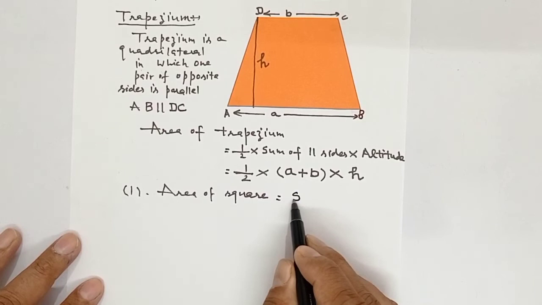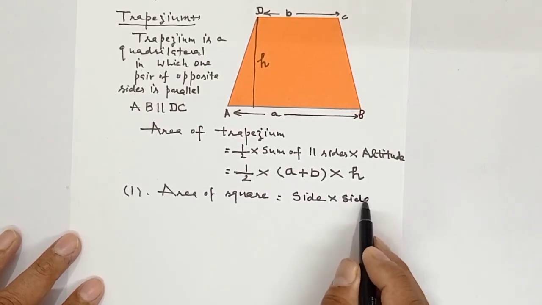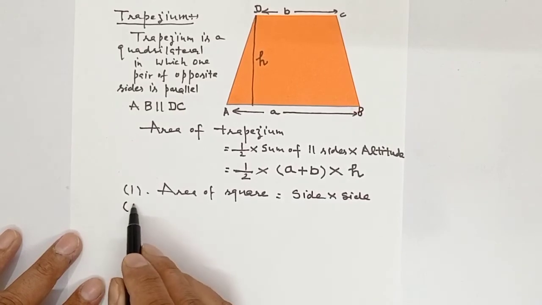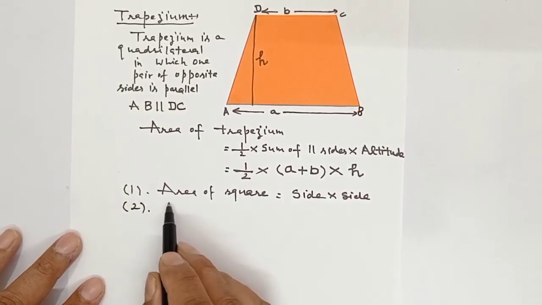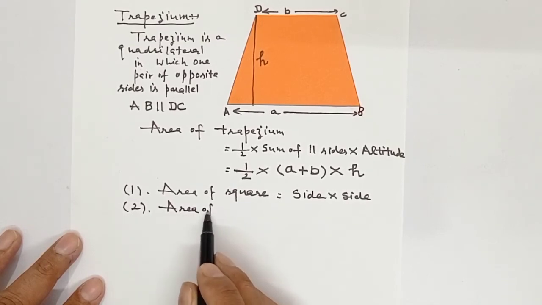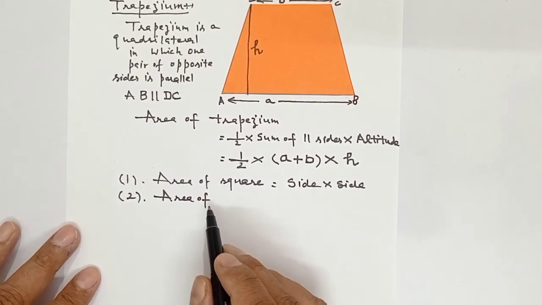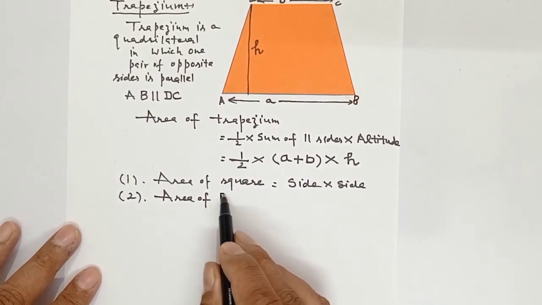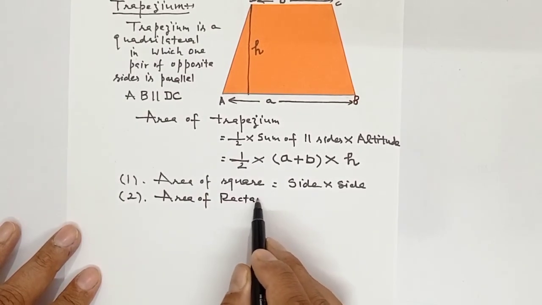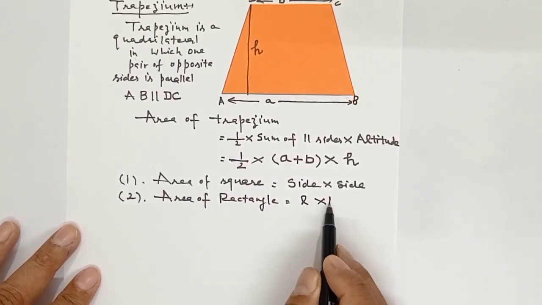So area of square you have already done, side into side or side square can be written. Second, rectangle. Rectangle is also a parallelogram in which both pairs of opposite sides are parallel and equal. So area of rectangle, it is length into breadth.